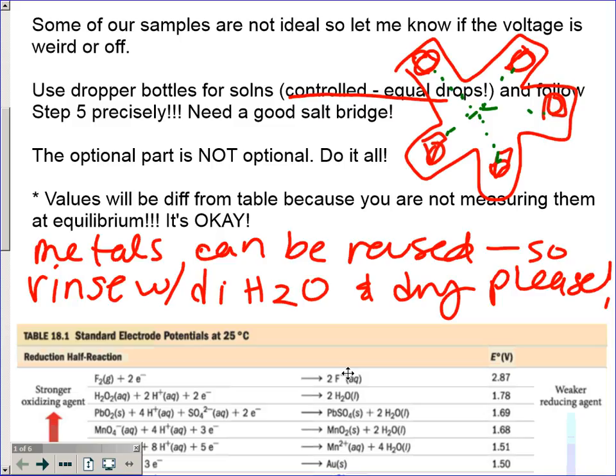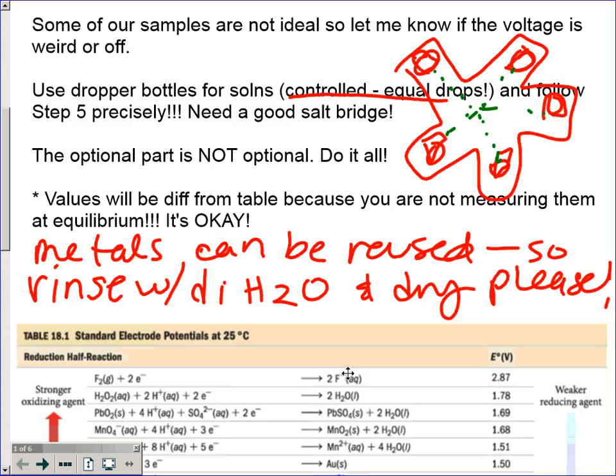Alright, somebody else can start to grab the M1 through M5 solutions. You need to take a bottle, bring it to your station, bring it back. I only have 2 of each. Grab one at a time, bring it to your station, bring it back. I only have 1 through 5, right here.